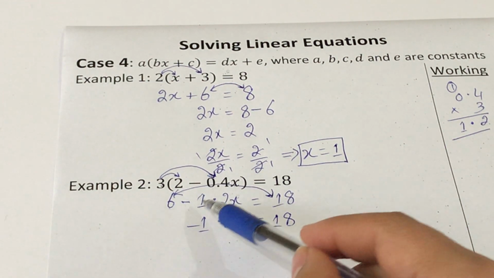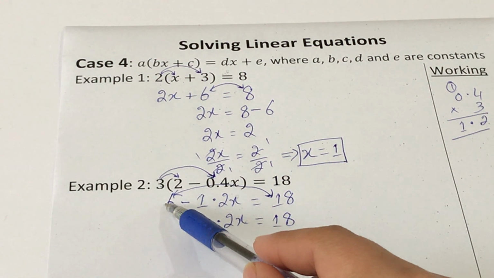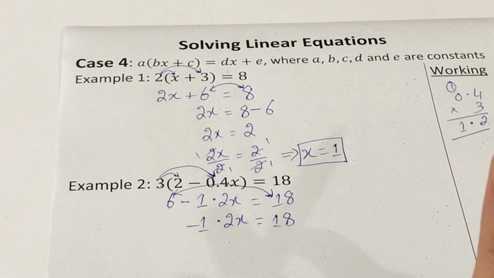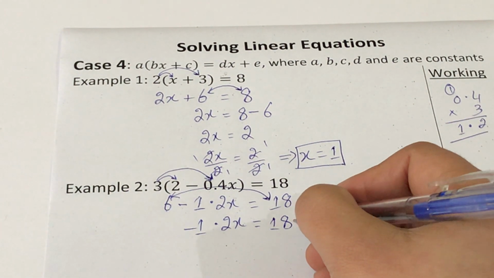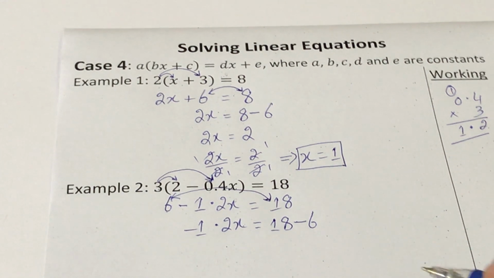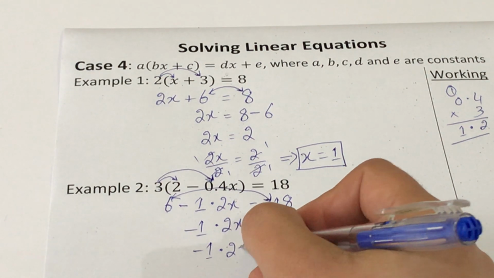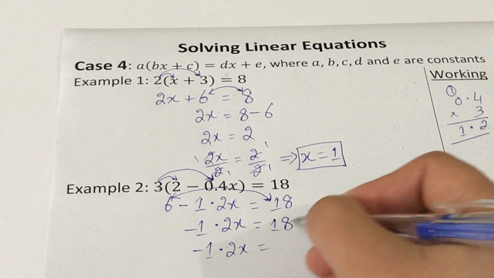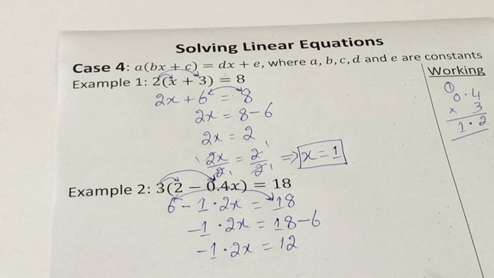This negative sign is for 1.2x, not for 6. There is no sign before 6, which means 6 is positive. As 6 is positive, when you shift it to the other side it would be negative 6. So negative 1.2x is equal to 18 minus 6, which is 12.